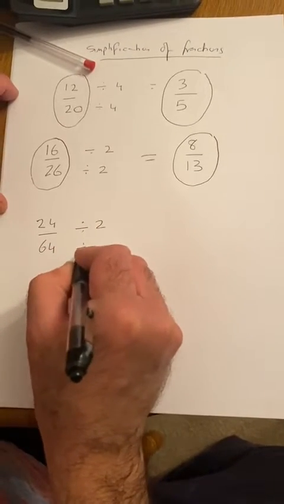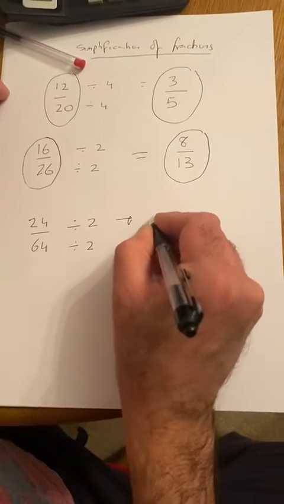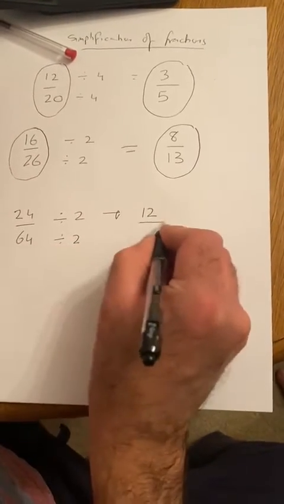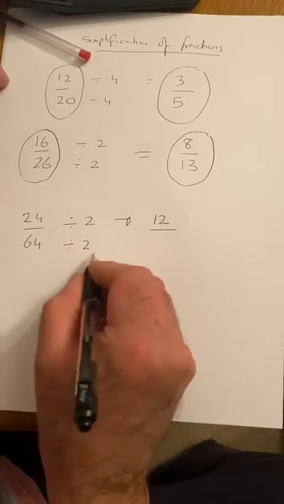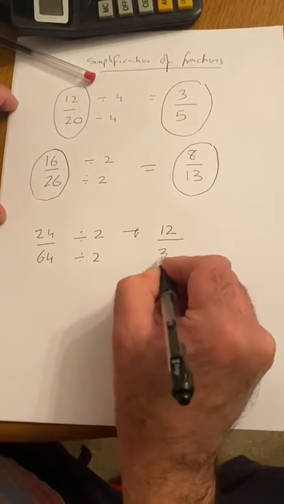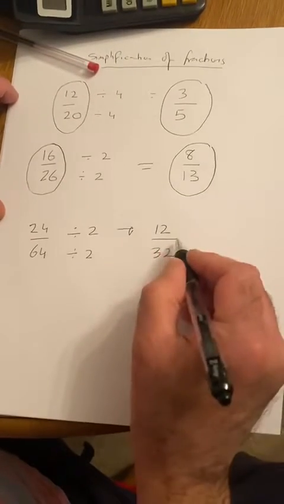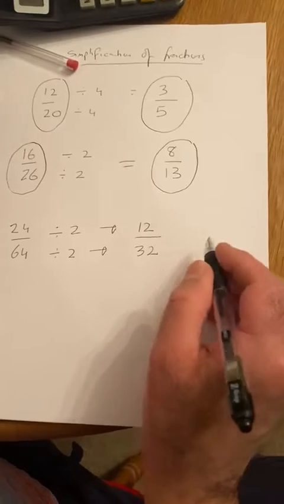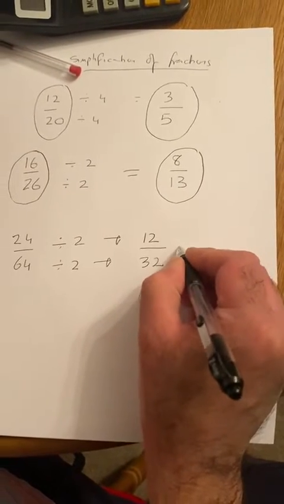So we divide the top and the bottom by 2. We end up with 24 divided by 2 is 12, and 64 divided by 2 will give you 32. This is still not the simplest form, and you can divide it further by choosing 4.